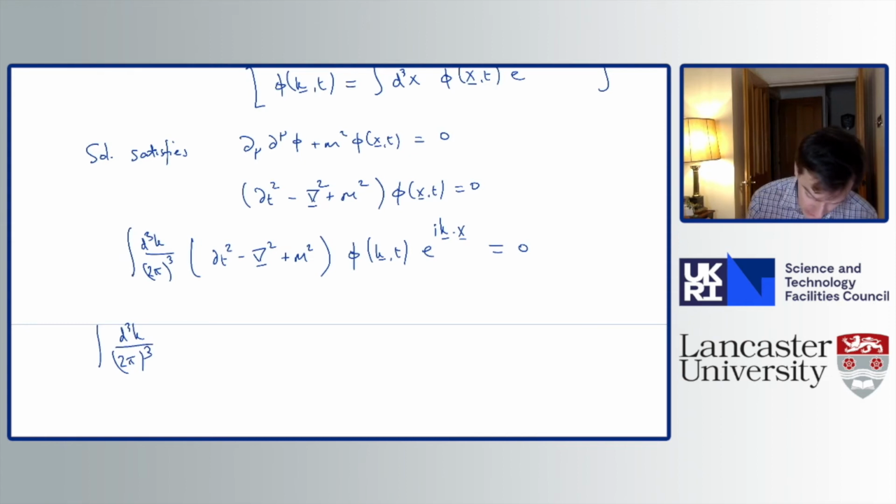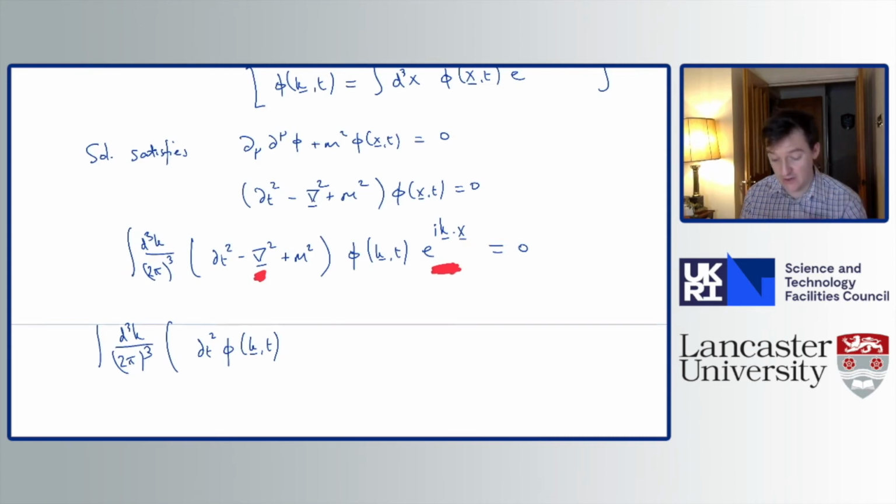We're going to have dt squared, acting on the bits that have time dependence. This function phi k of t does have time dependence. And then, as I said, the spatial derivative is going to act on the exponential, and it's going to pull down 2 factors of ik.